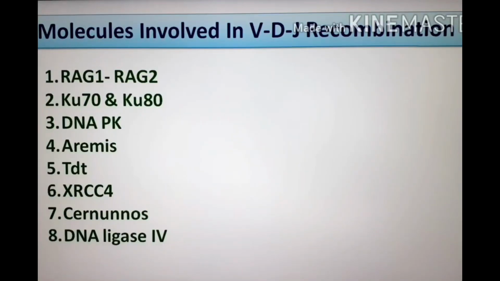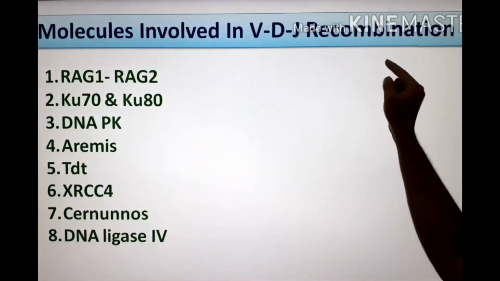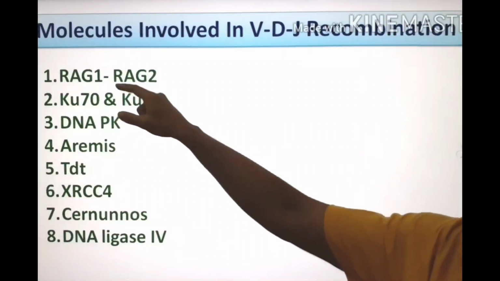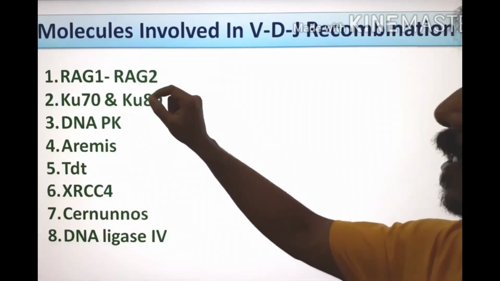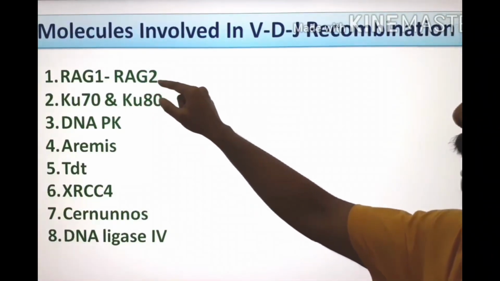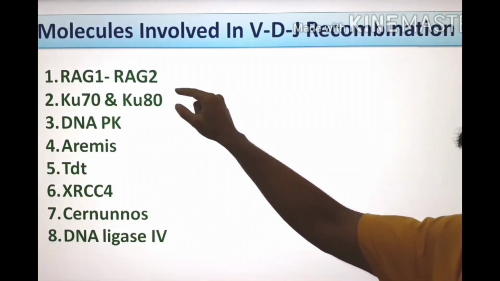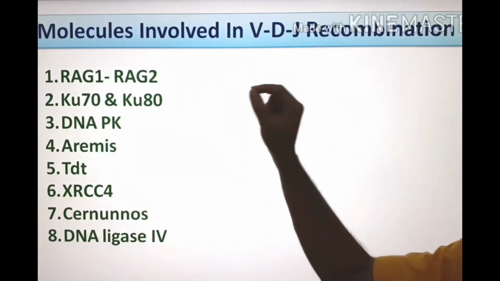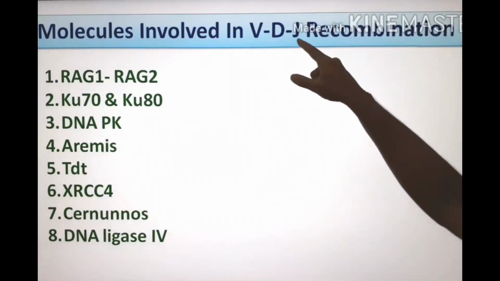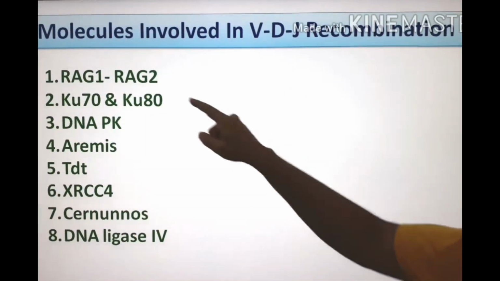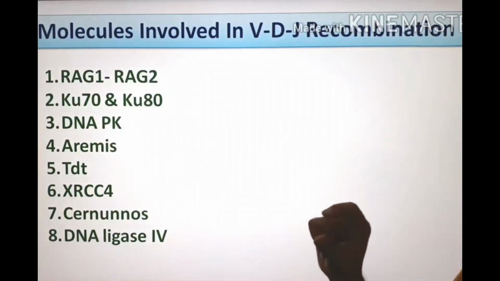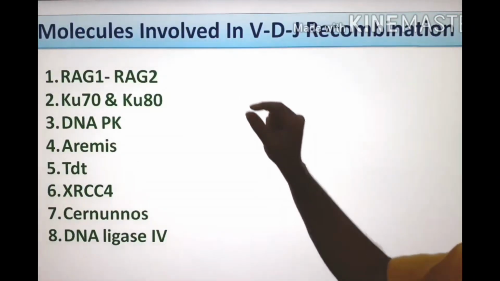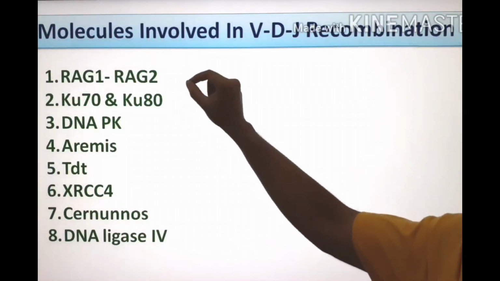Now the molecules that are involved in VDJ recombination. RAG1, recombination activating gene 1, and recombination activating gene 2 perform the first function in VDJ recombination. These are the two enzymes that cleave the RSS, recombination signal sequence.